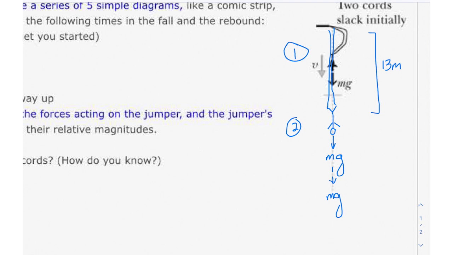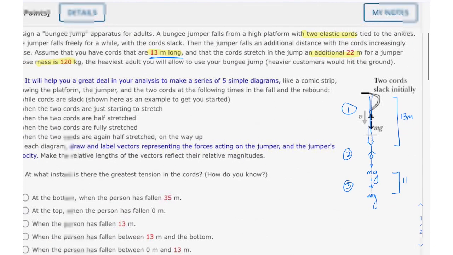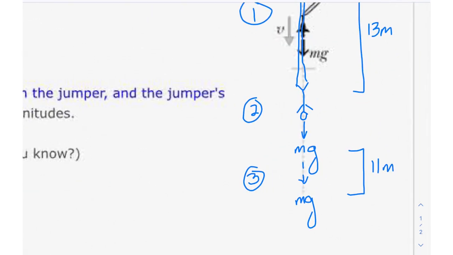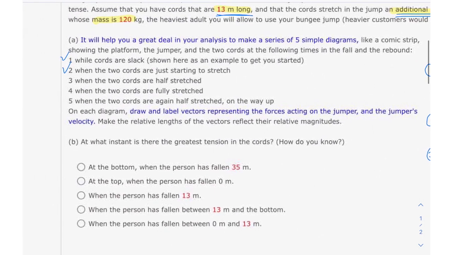Instead of drawing stick figures all the way down, I'm just going to display it with an arrow. For 3, we now have halfway stretch. So it would be 13, and then another 11, because they stretch an additional 22 meters. So this would be 11 meters of additional stretch when they're halfway. And we can check that off.